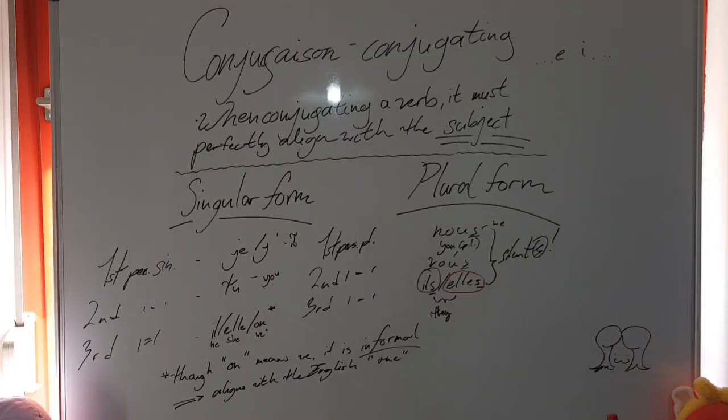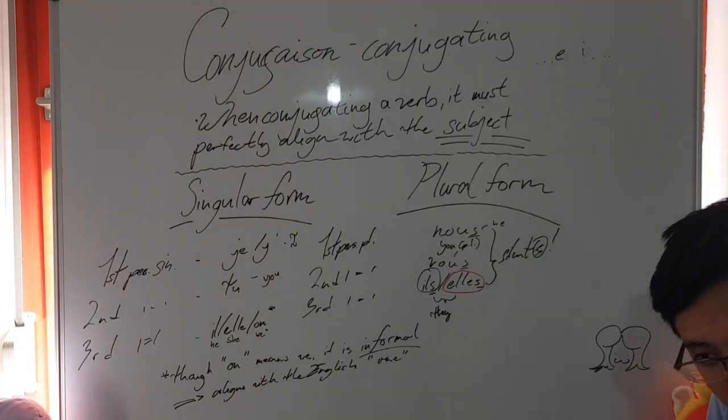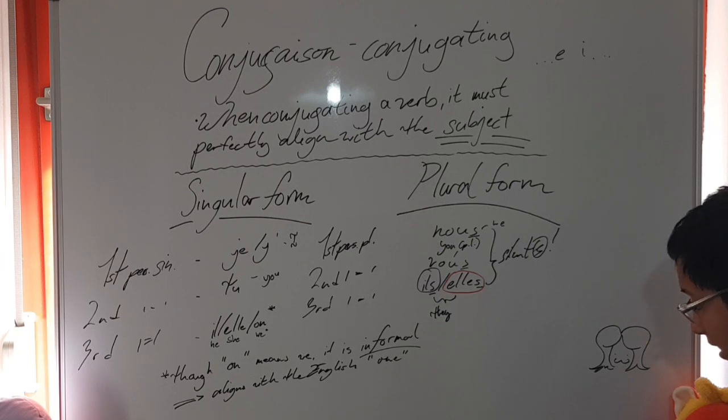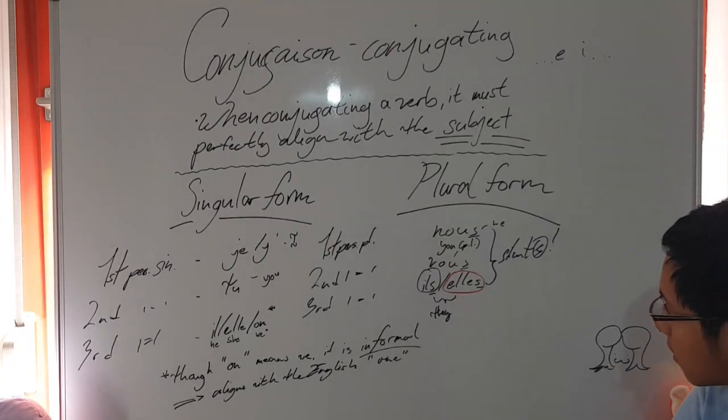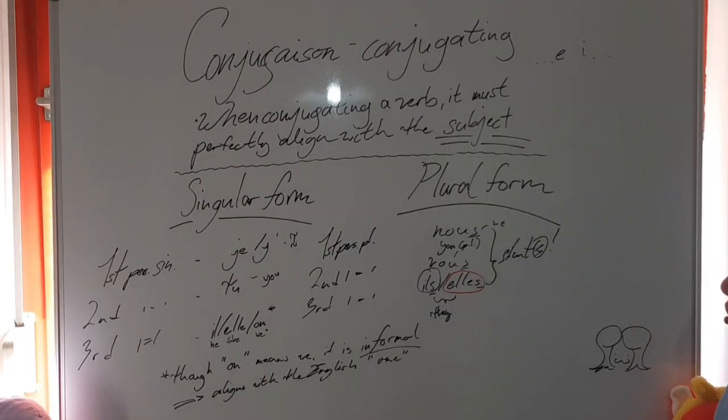Now, I know there are going to be some people who will ask, Liszty, whenever there's a group of mostly female but there's one male, which pronoun should I use? In those types of cases, in the rules of the French language, you have to use ils. I don't know why, but it is what it is.